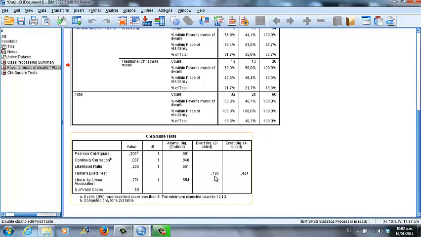In this case, we have a Fisher's exact test of 0.795, which is more than 0.05, which means that we accept the null hypothesis and we conclude that there's no statistically significant difference in the distribution of the taste of music according to the place of residence. Or in other words, the dwarfs who live in the city and those who live in the countryside are equally listening to Green Day as to traditional Christmas music.